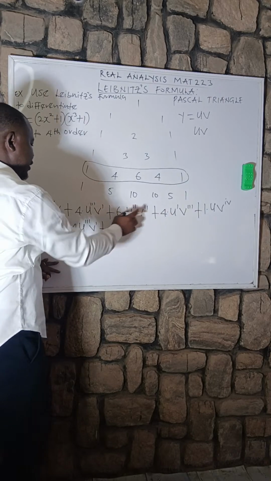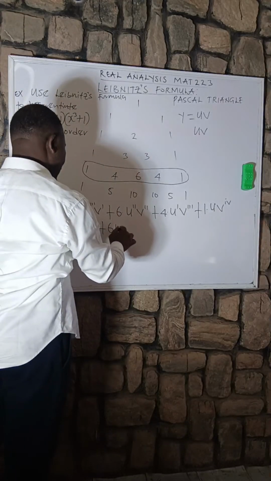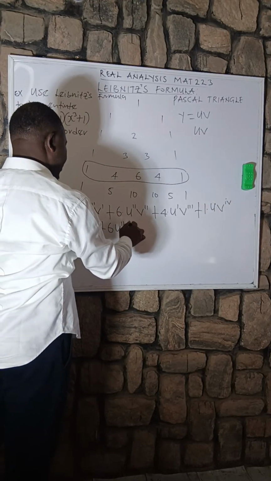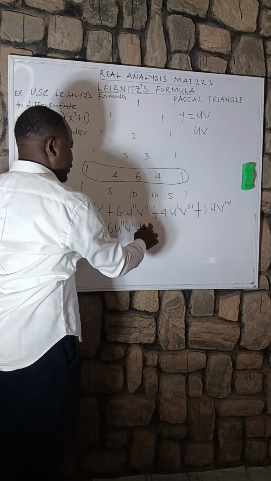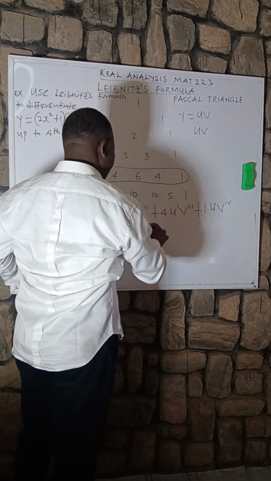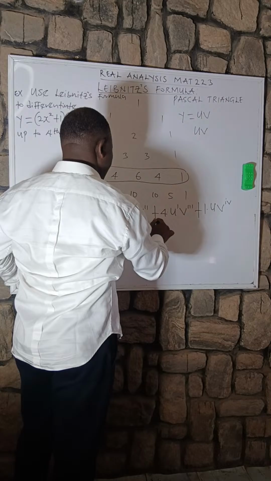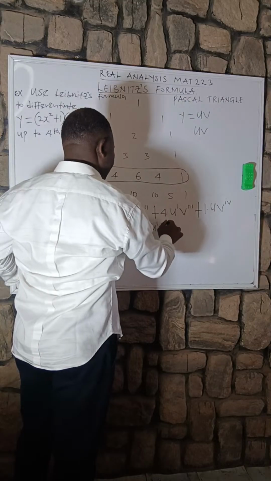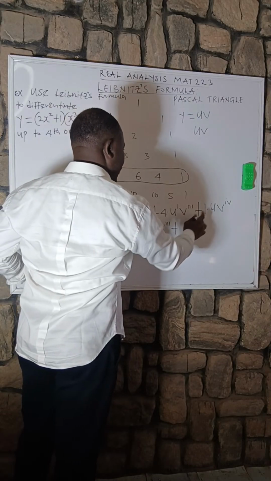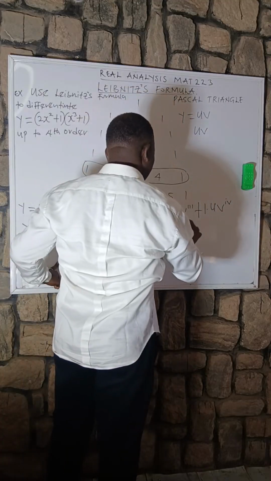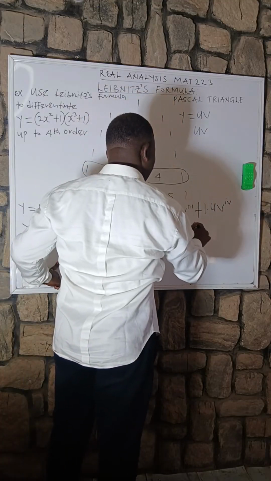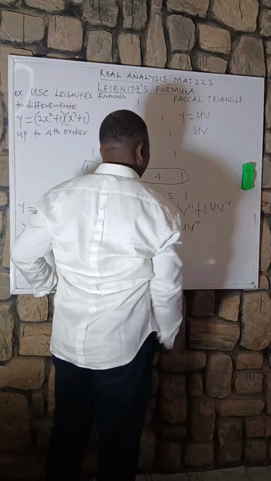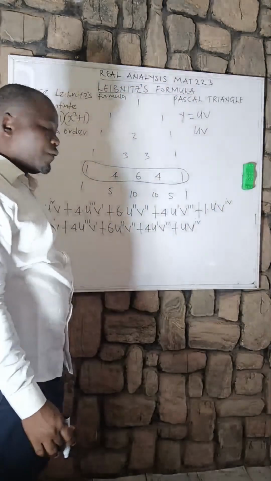Then 6 times this is 6 U double prime V double prime. Plus 4 times this is 4 U prime V triple prime. Then plus 1 times this is the same as U V fourth derivative. So this is the formula.